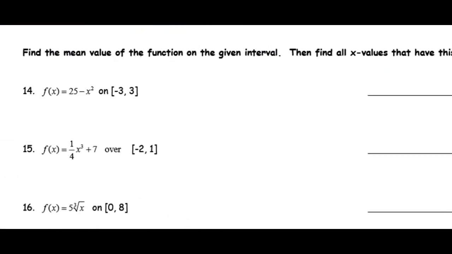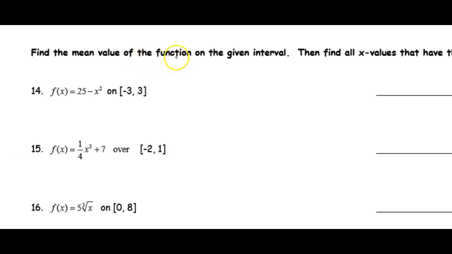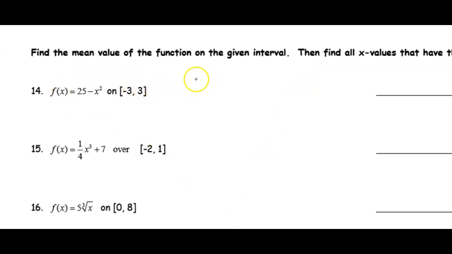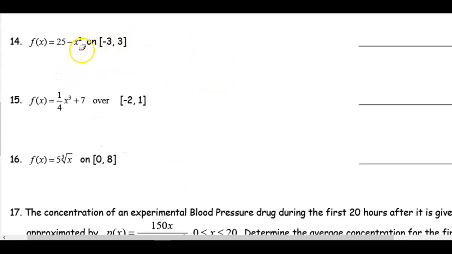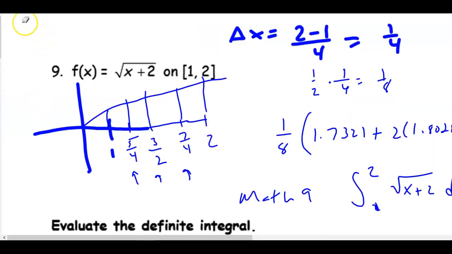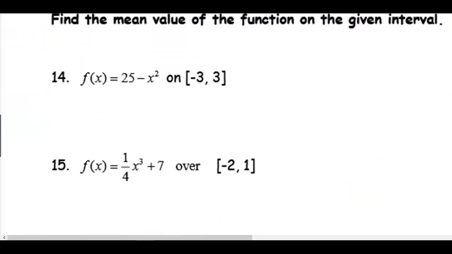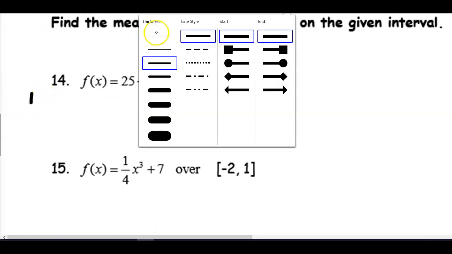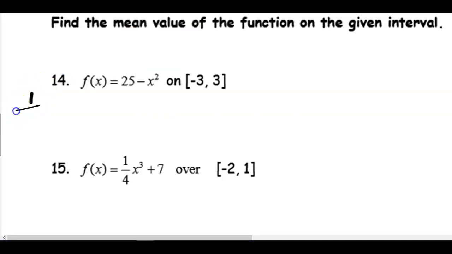Now right here, find the mean value of the function on the given interval, then find all x values that have this value. So what we first need to do right here is integrate this thing. Well, actually, first I want to find one over b minus a. So it's going to be 1 over 3 minus a negative 3.